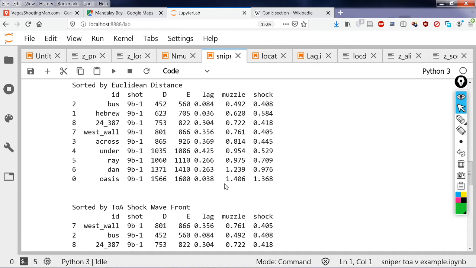All right. And of course, since the speed of sound is constant, the time of arrival of the muzzle blast is given simply by E over the speed of sound, and that's in this column called muzzle. And as you can see, if you sort them by Euclidean distance, then the time of arrival of the muzzle blast is also sorted nice and equally.